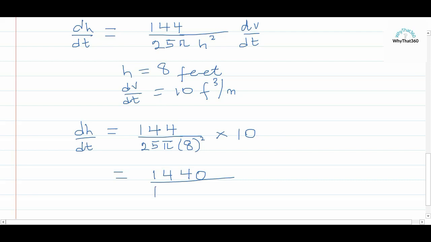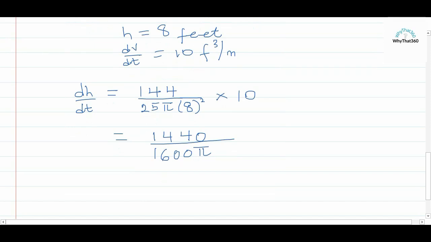So this will be 1600, right? 1440 divided by 1600 goes to 0.9.